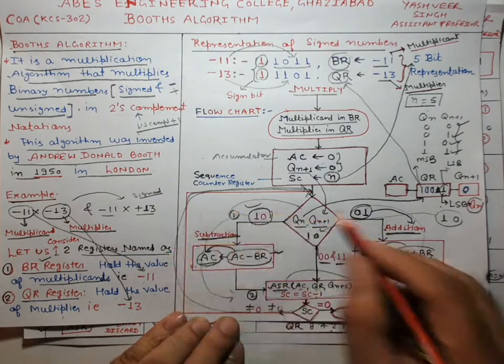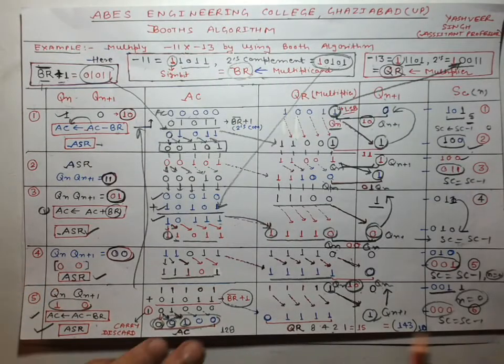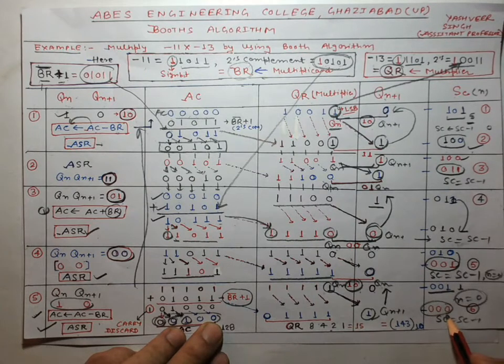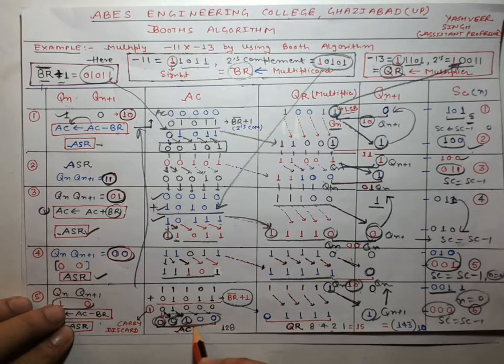Otherwise we will go again to this step, okay. Then we will find the final output, because here n equals 0, and we will find the final output of multiplication in the form of AC and QR.